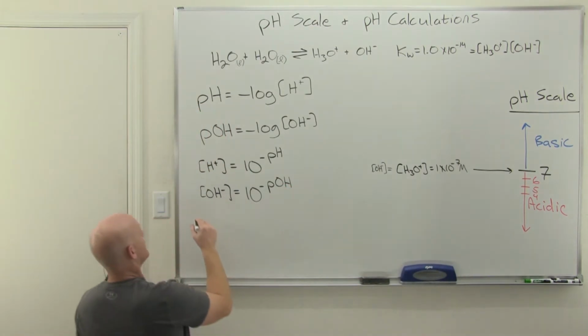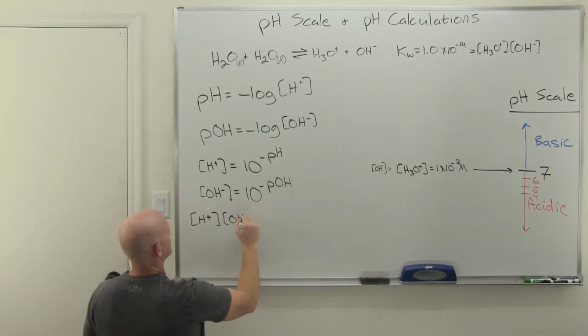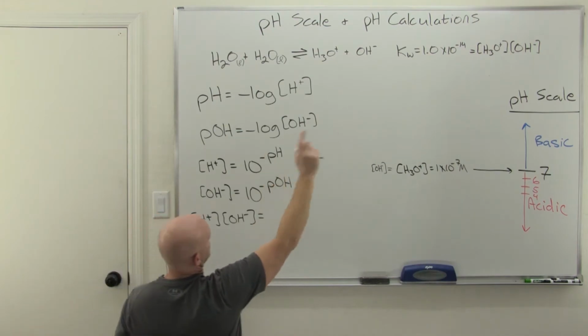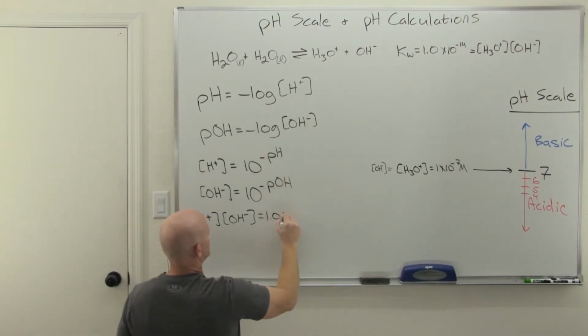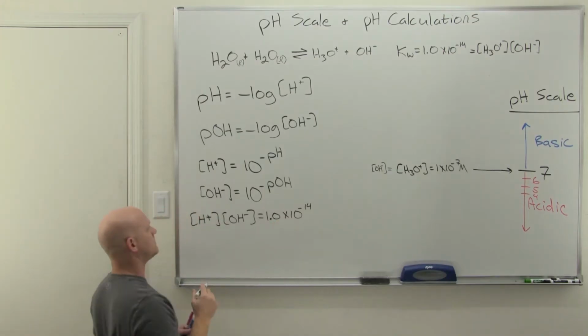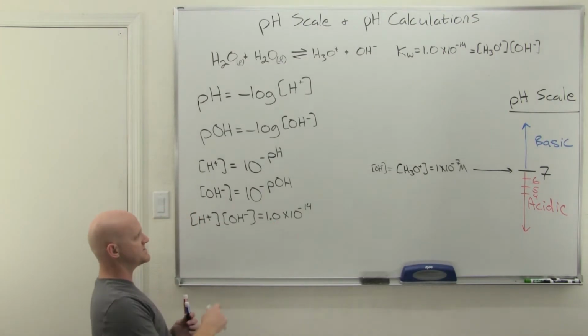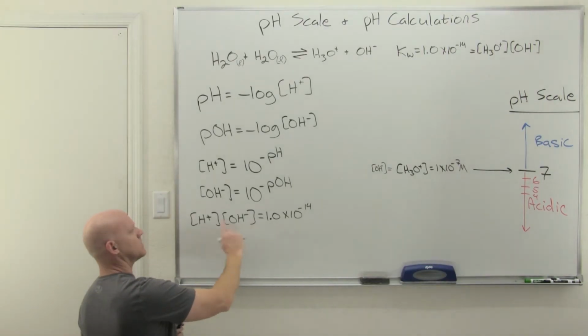Almost there. A couple more equations. We also remember that H plus times OH minus gives us that constant right up there, 1.0 times 10 to the negative 14. All right, last part of this, and this one's going to be a little easier, because this is not something you normally want to do in your head.